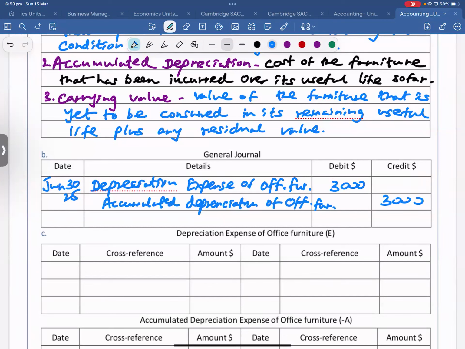Okay, then next one. Narration. What's the narration, guys? Balance adjustment for what? Depreciation, otherwise, recording depreciation expense for office furniture.